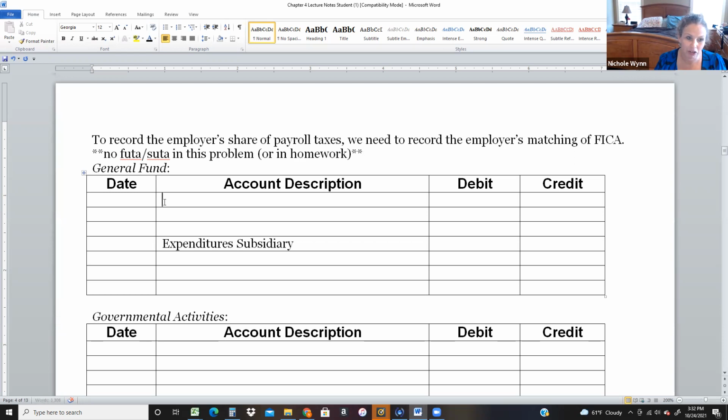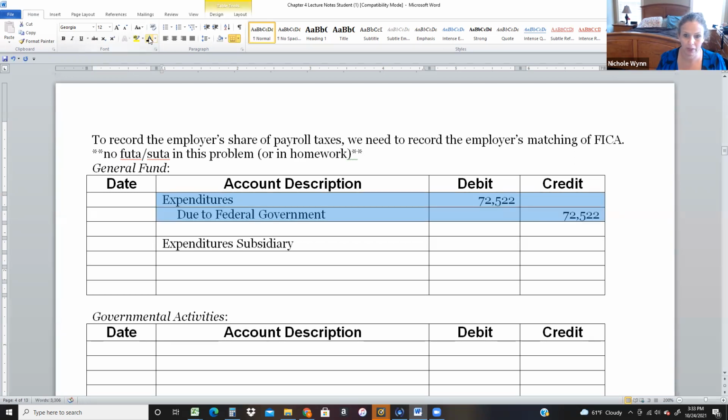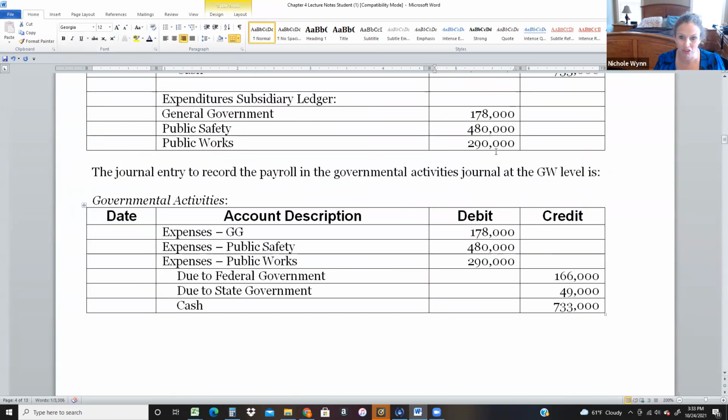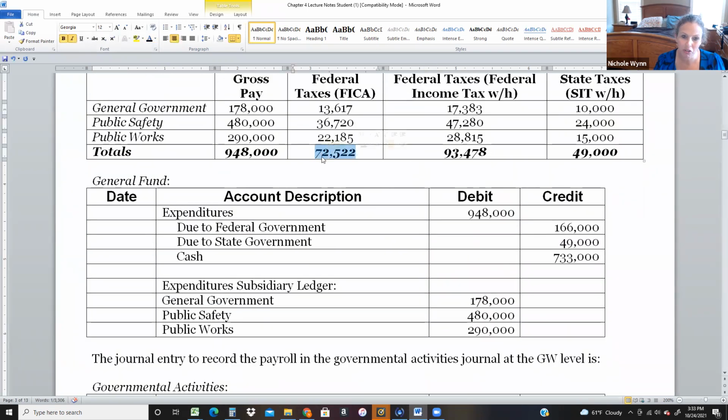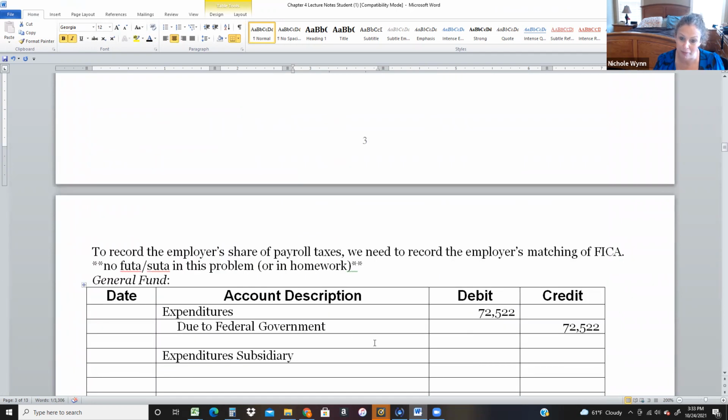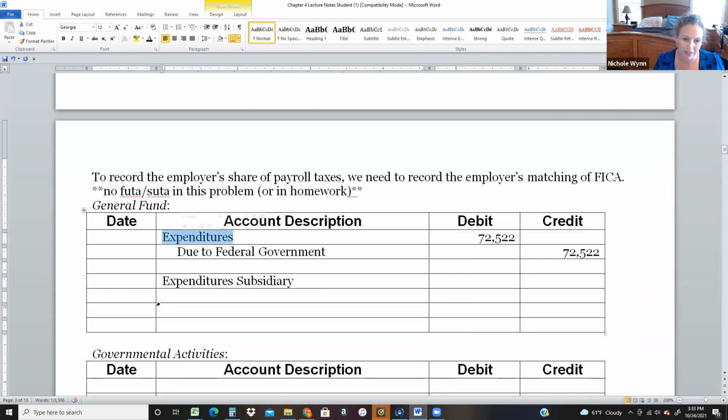So we're only going to do an expenditure based on the matching of FICA. So just the expenditure and due to federal government based on the matching of the FICA. The 72,522, whatever the employer withholds, the employer must match. And then we're going to detail out that expenditure for 72,522.